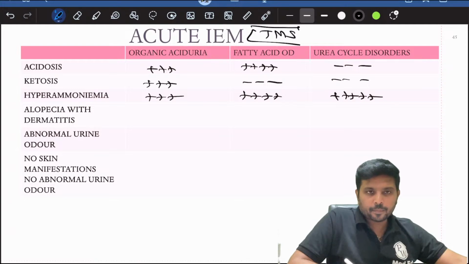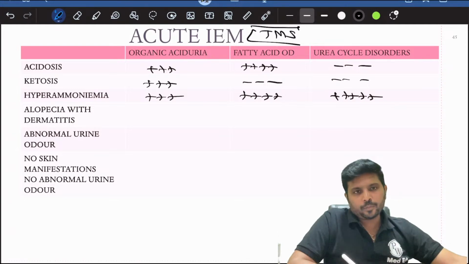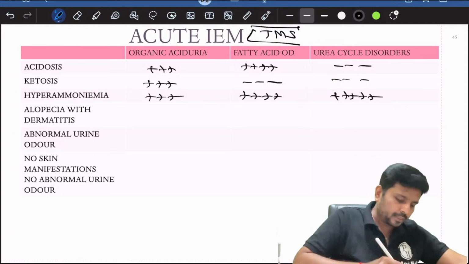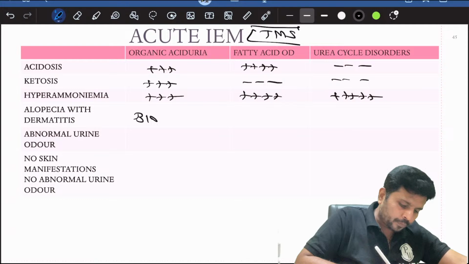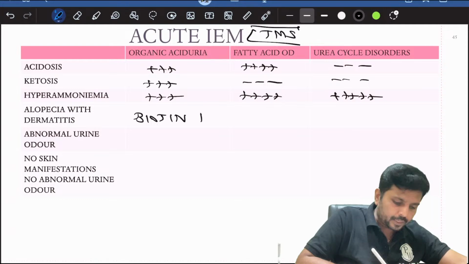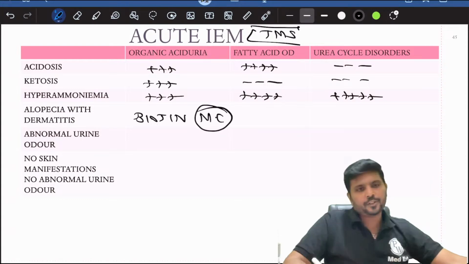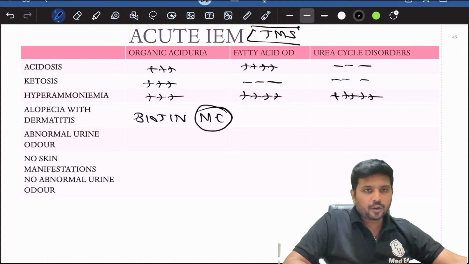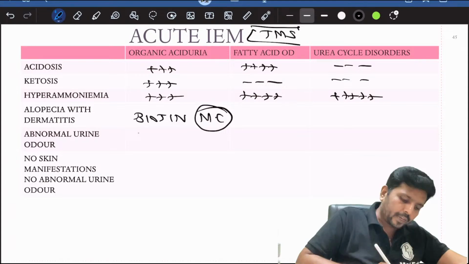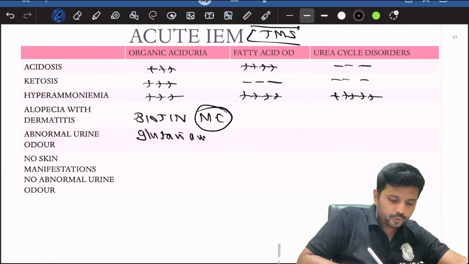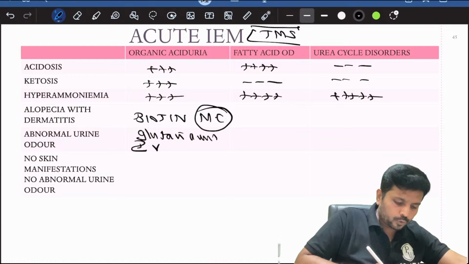Alopecia with dermatitis is a manifestation of biotin or multiple carboxylase deficiency. Abnormal urine odor can be due to glutaric aciduria or isovaleric acidemia.